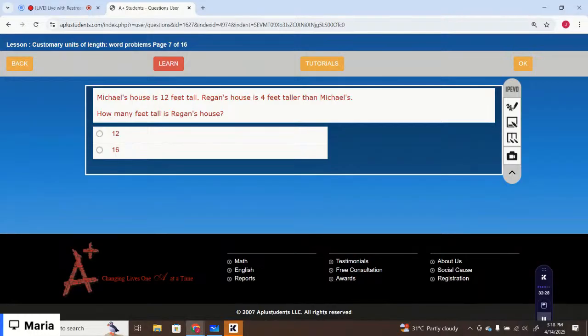Michael's house is 12 feet tall. Reagan's house is 4 feet taller than Michael's. How many feet tall is Reagan's house?